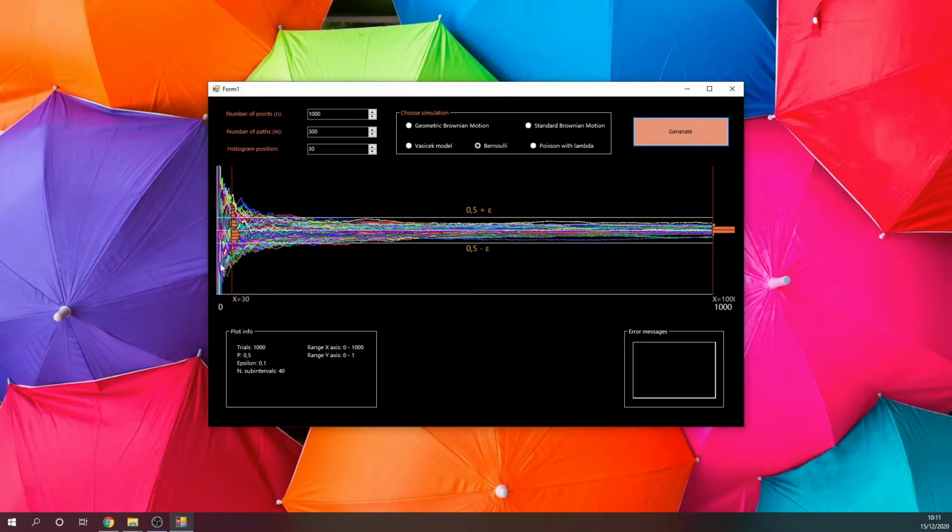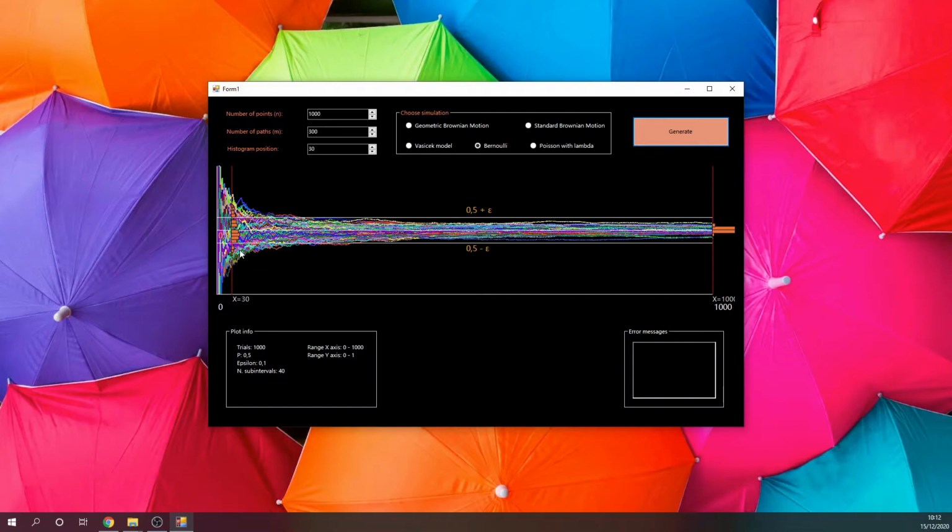Okay, so this was to demonstrate the law of large numbers. In fact, we can see that here we still have values that are outside the epsilon strip. The epsilon strip is this interval, and the center line is the population mean.